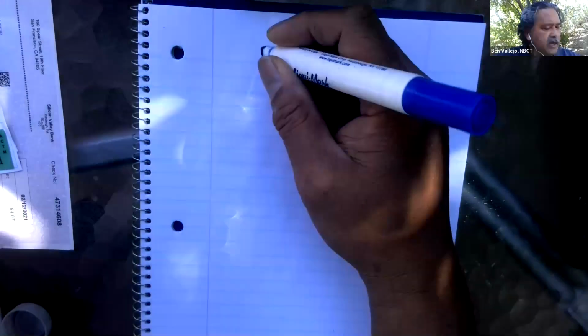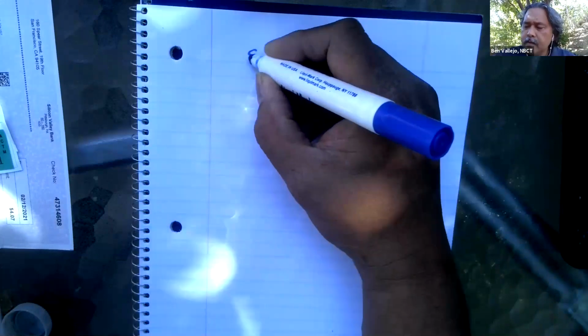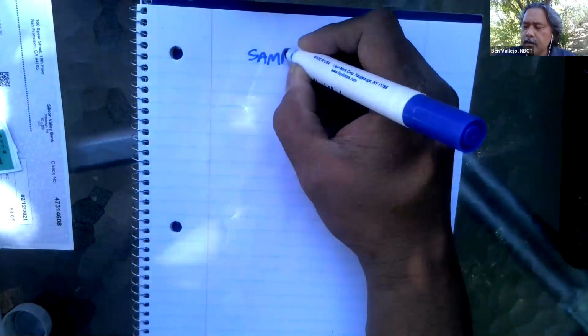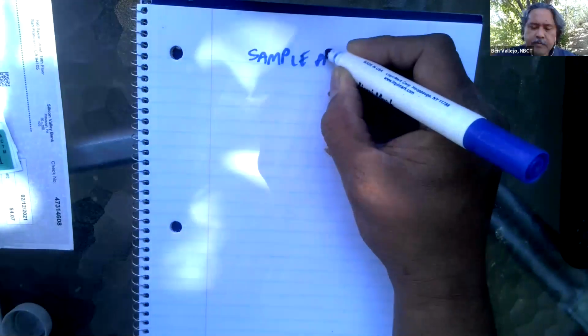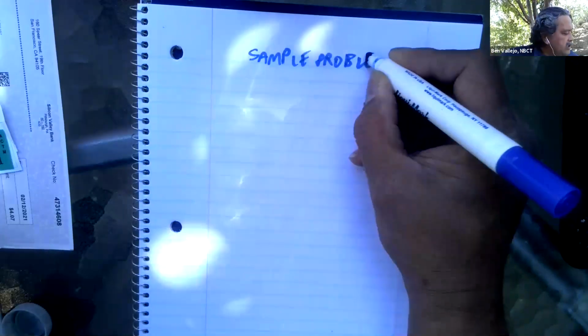Okay, so these are the sample problems from 16.2. The assignment is to do all of them, but we're going to do a selection of them.